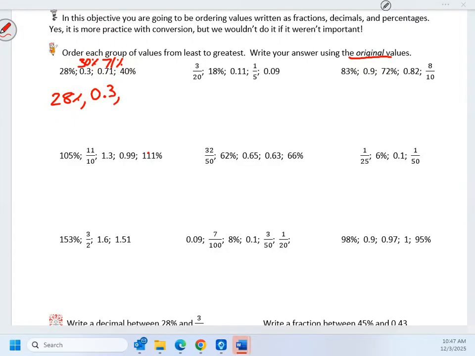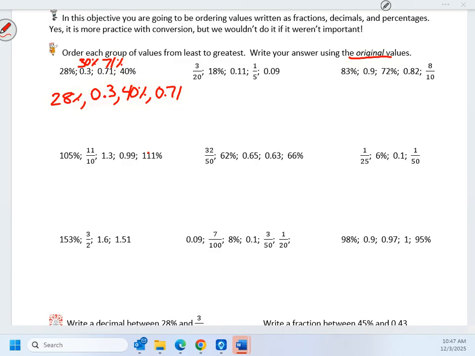What am I going to write next? Audrey? 40%. And then what's going to be last? Gigi? 0.71. So make sure you're using those original values. But in order to put them in order, we have to convert to the same value, right? Or the same measurement, percentage, decimal, or fraction.